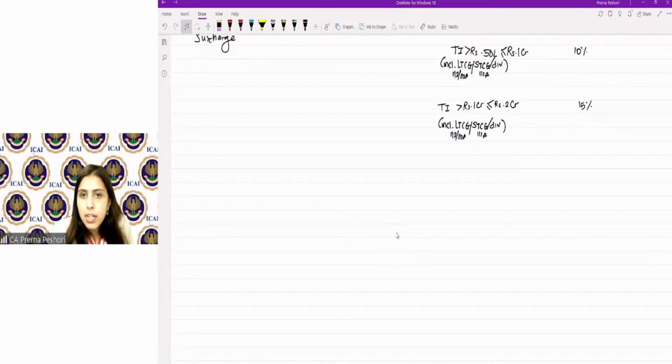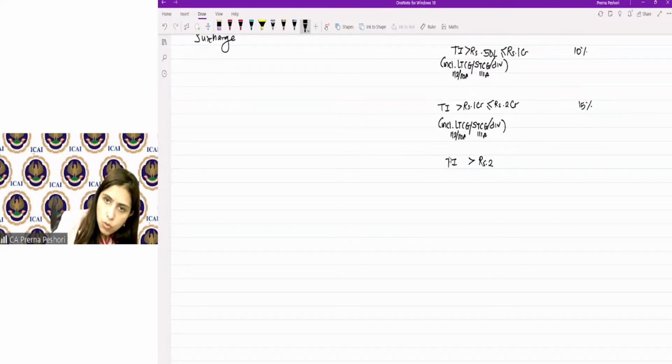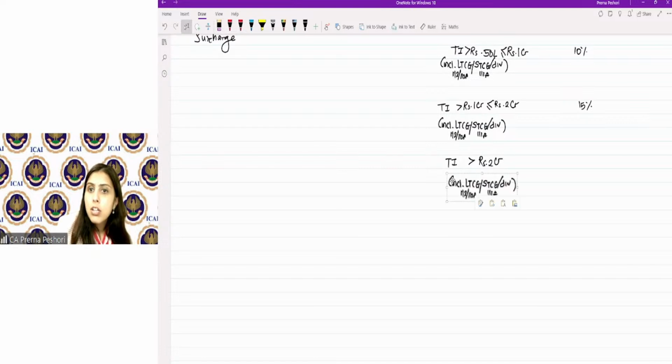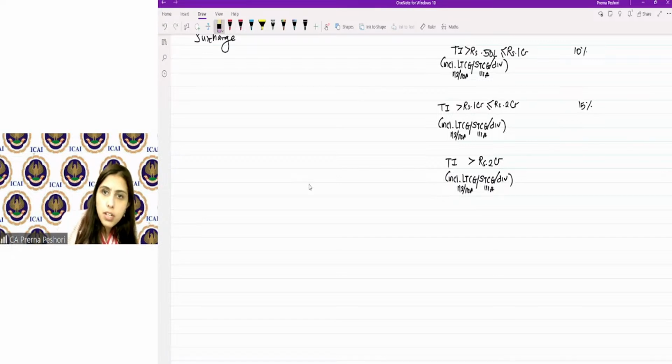Then if my total income is greater than rupees 2 crores, but the total income excluding the dividend, long-term capital gain and short-term capital gain, the surcharge is 25%.